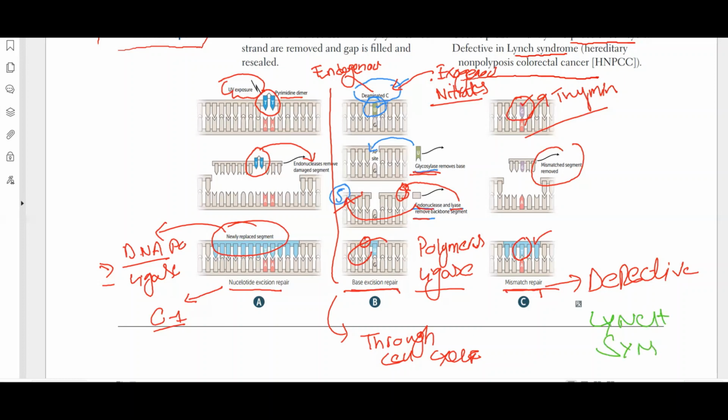Now I'm going to discuss certain other nitrogen bases and their deamination products.